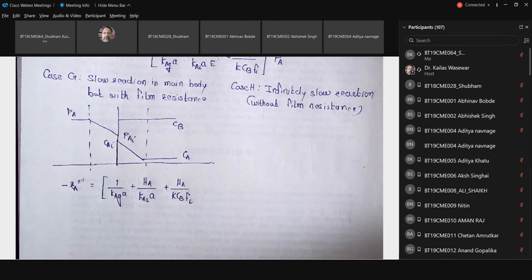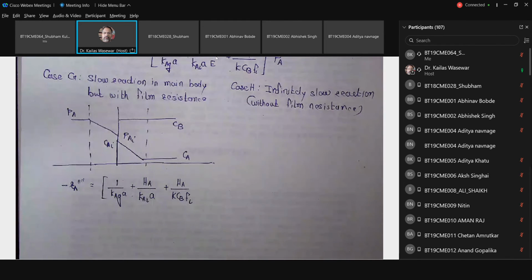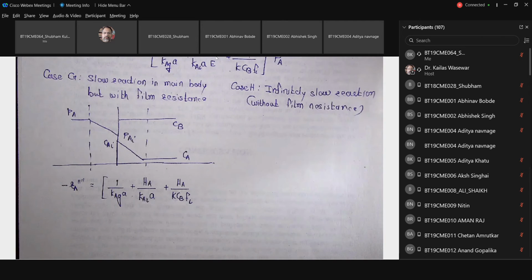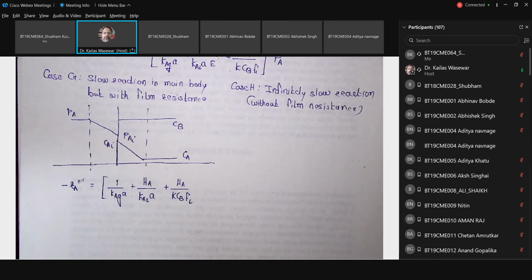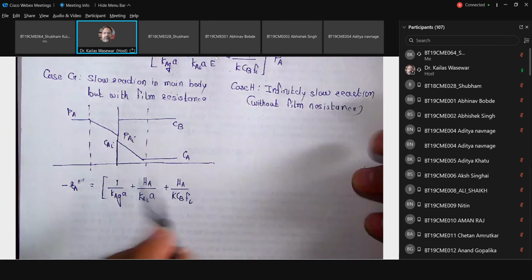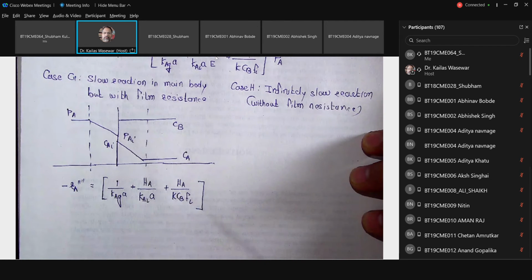If you recall that figure, E value is equal to 1 when the Hatta number is less than 1. So in that case, there is no significant enhancement and E will be 1.